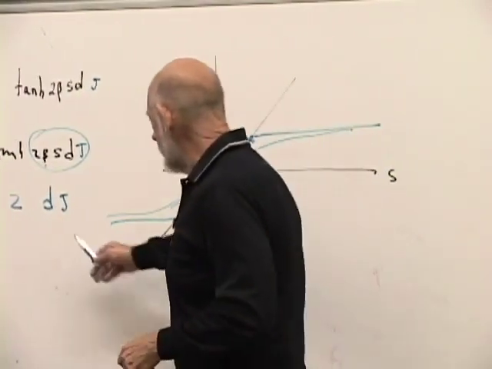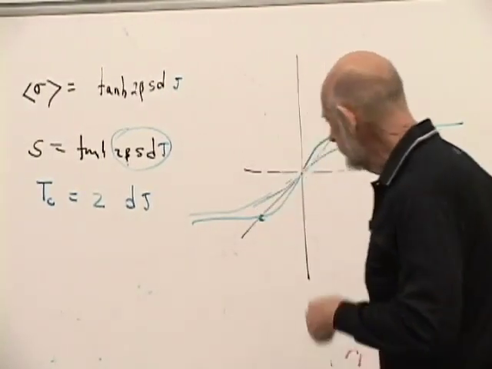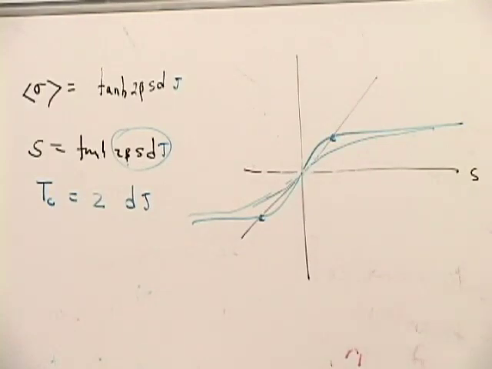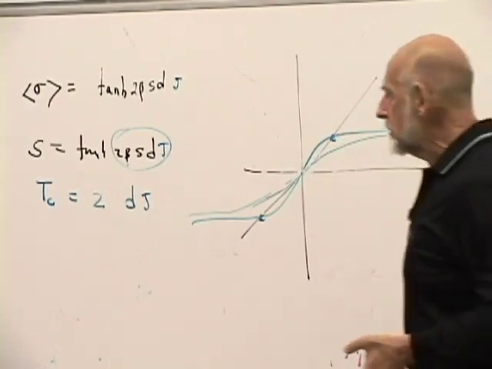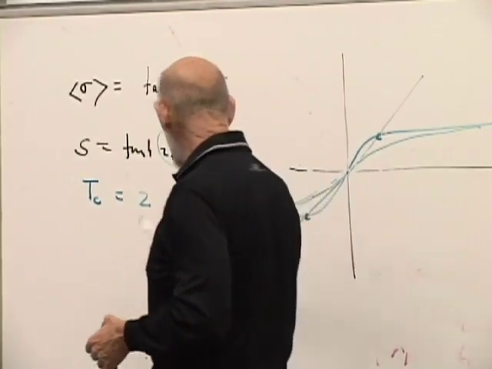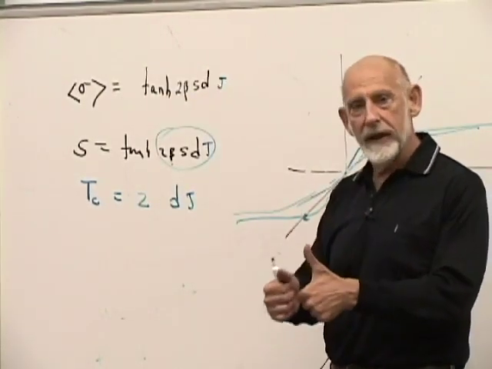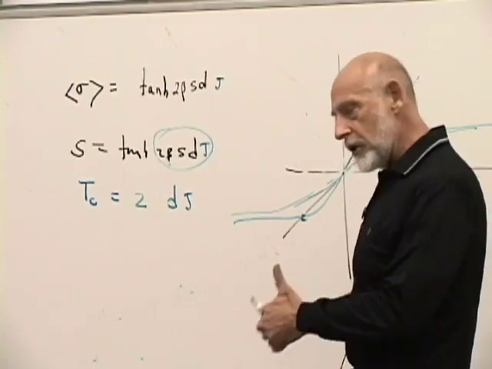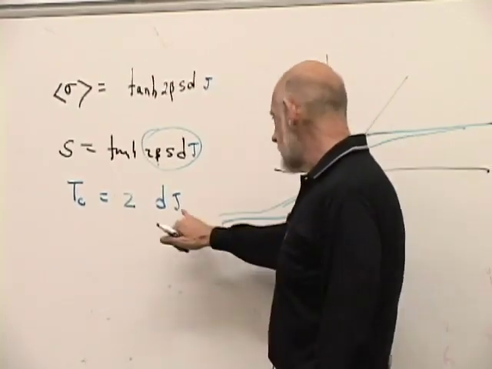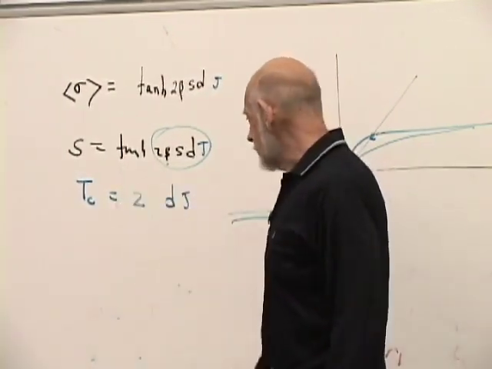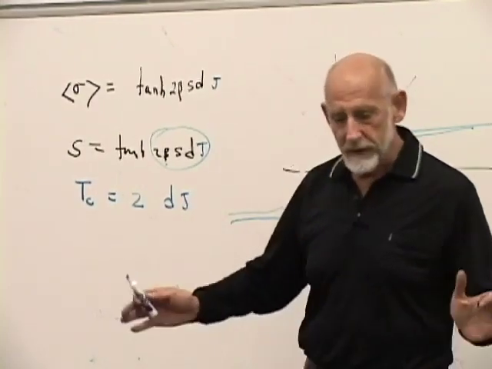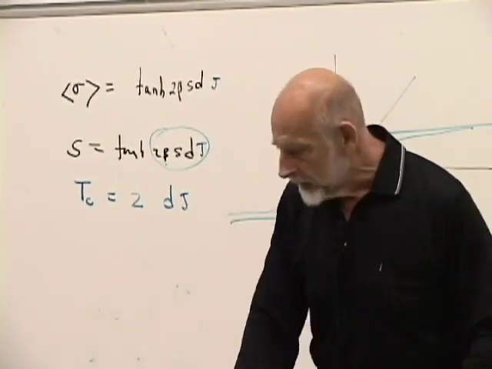So that's why the critical temperature increases with D. You get to higher temperatures before the magnetization disappears in higher D. It's proportional to J. J was just the strength of the coupling between neighboring spins. The stronger the coupling between neighboring spins also increases the temperature.